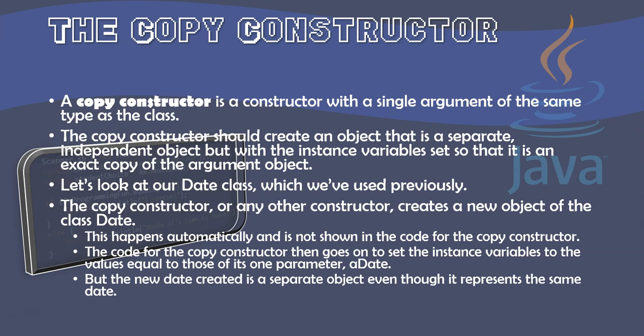The code for the copy constructor then goes on to set the instance variables to the values equal to those of its one parameter, a Date. But the new Date created is a separate object, even though it represents the same date. So in memory, there would be two different slots occupied, even though the values of the variables associated with them would be the same.